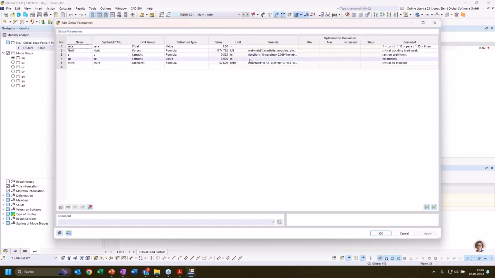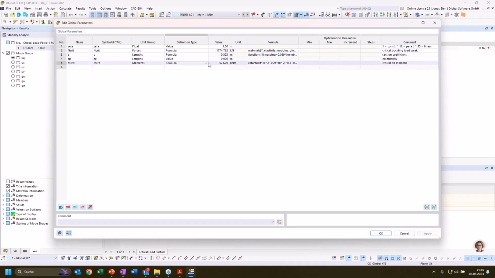So that's another thing I can do instead of just using the console and typing in my commands to evaluate certain parameters or values. I can also use global formulas to global parameters to calculate something.